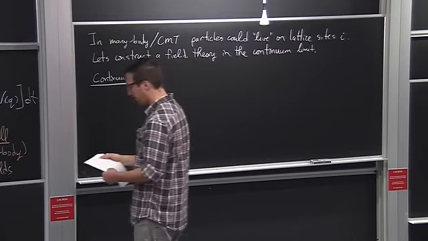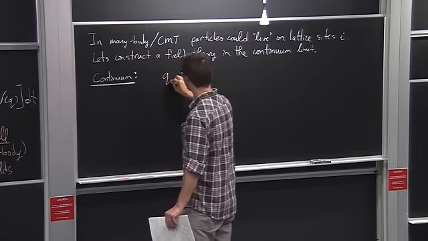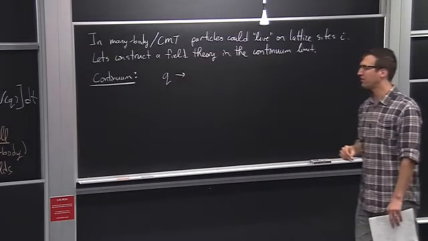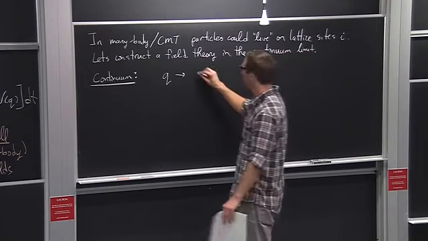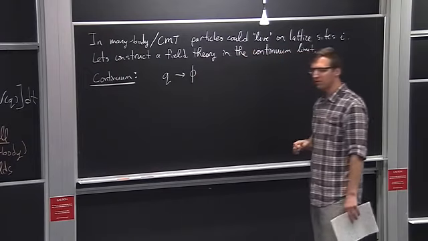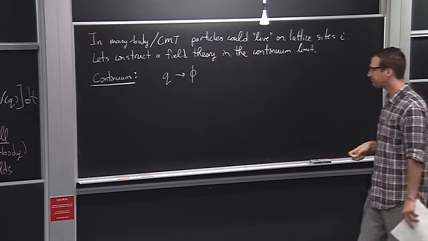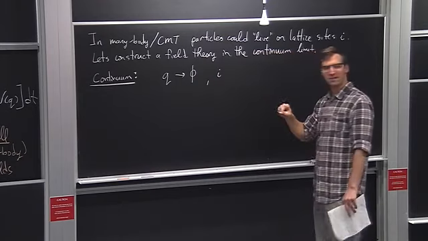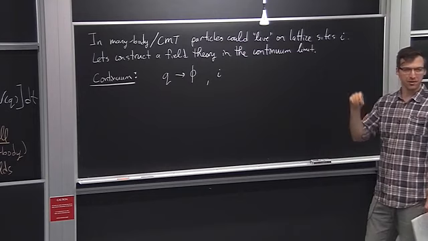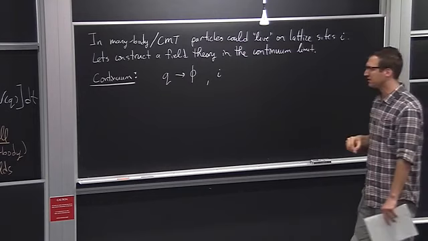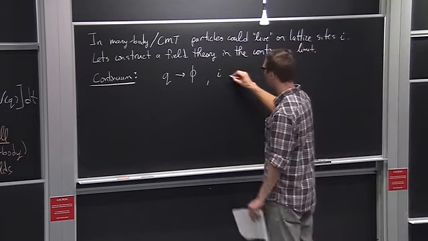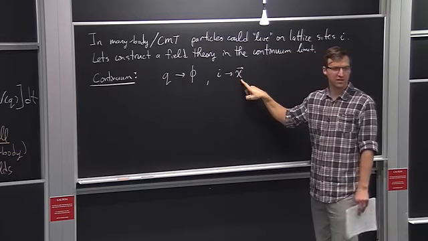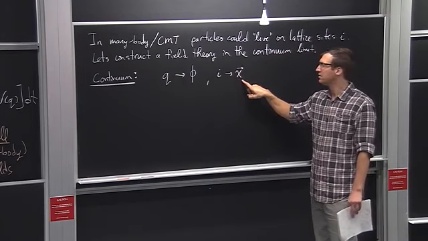And I will take this coordinate Q, and as is standard in field theory, I'll replace it with a field variable, which I call phi. And then this lattice site i, which could be labeling the particle explicitly, is what is going to go to the continuum position x.